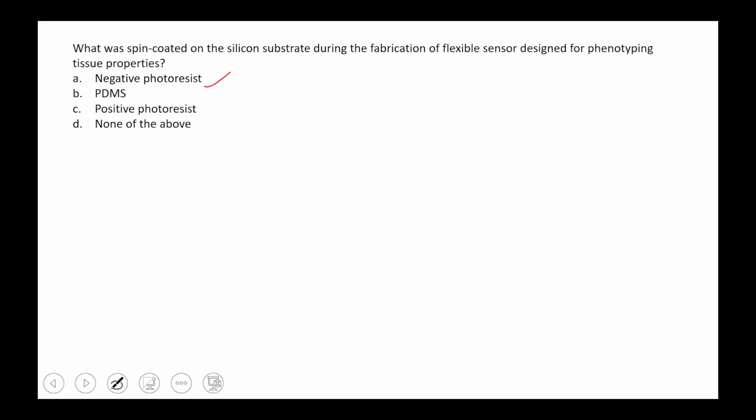Sorry, there was some network issue, so I got disconnected. So, negative and positive photoresists both we use for the transfer or development of devices or sensors. And PDMS is the substrate we use as a flexible substrate.